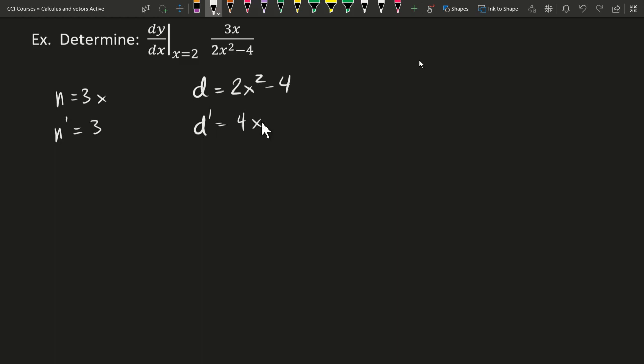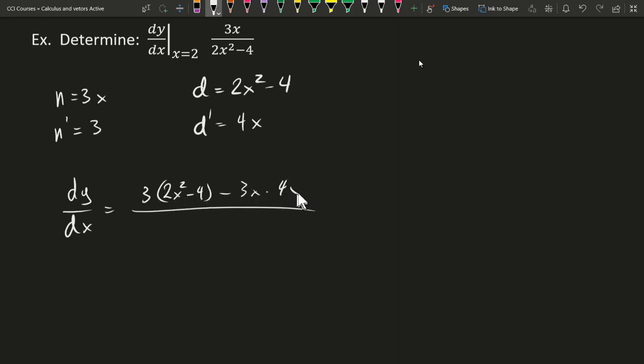And so my derivative, dy dx, is going to be simply 3 times 2x squared minus 4 minus 3x times 4x over 2x squared minus 4 squared.